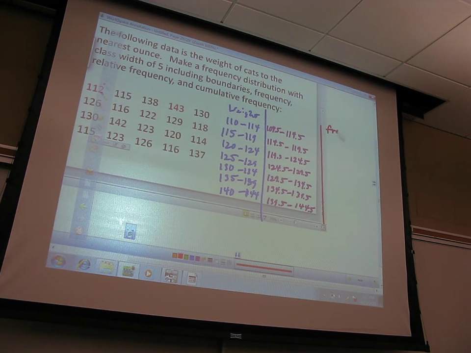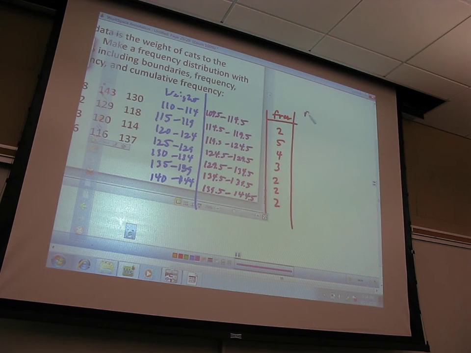Then you guys had your frequencies. So someone who feels confident, give me the frequencies. 2, 5, 5, 4, 3, and 2, 2, 2, 2. Okay, great. Perfect. Nicely done. Good group effort there. And then I think we did relative frequencies.